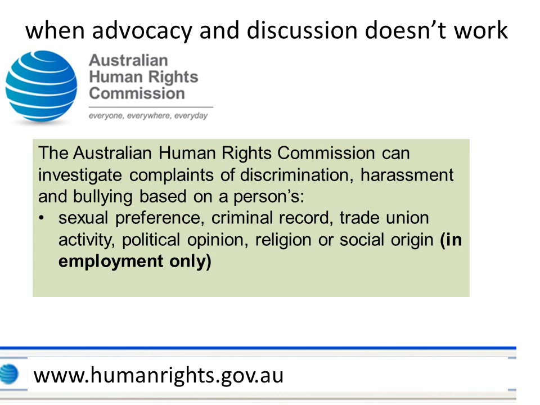So discrimination, harassment and bullying based on their sexual preference, their criminal record, their trade union activity, their political opinion, their religion or social origin. That's only to do with employment as far as these guys are concerned.